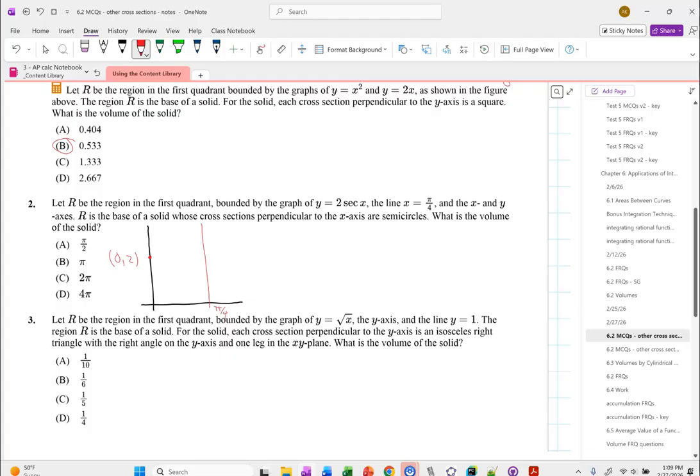What's cosine of pi over 4? Root 2 over 2. The reciprocal of root 2 over 2 is 2 over root 2, which simplifies down to just root 2. And then times 2.